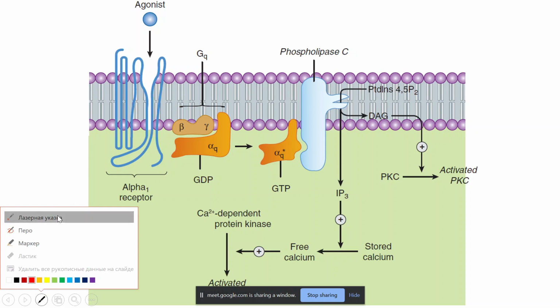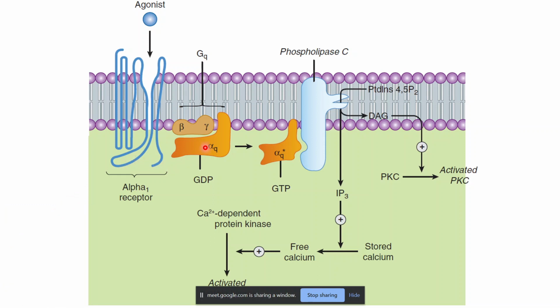Adrenal receptors are typical G protein coupled receptors, and the receptor has an extracellular N terminus, and it traverses the membrane 7 times.